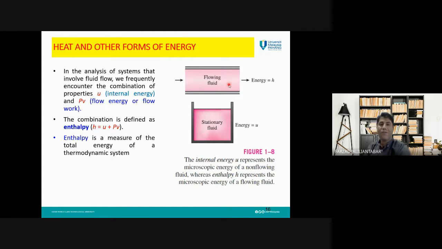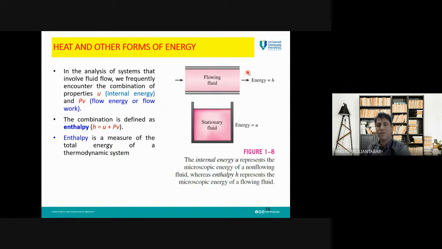Again, we need to have a system. But this time, imagine this is our system. This system will be an open system or control volume. Why? Because we have mass crossing the boundary of the system. We have mass entering this system.